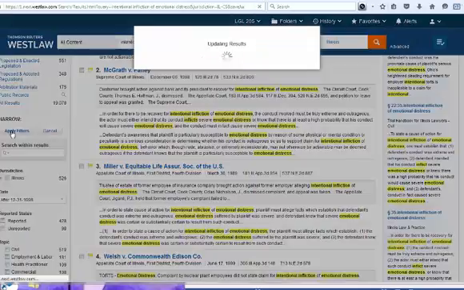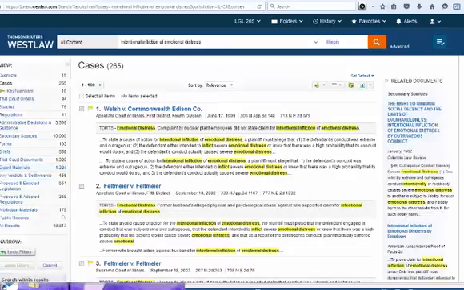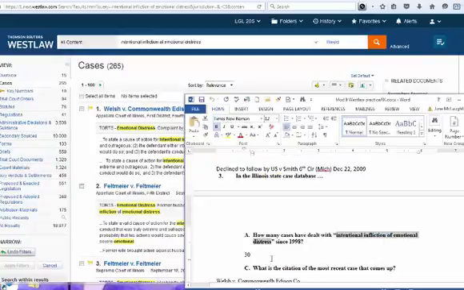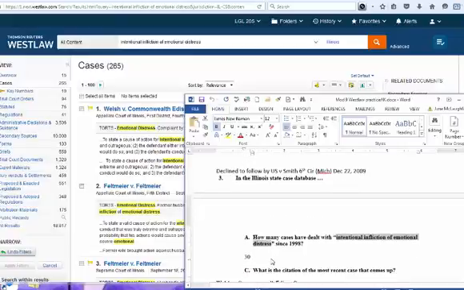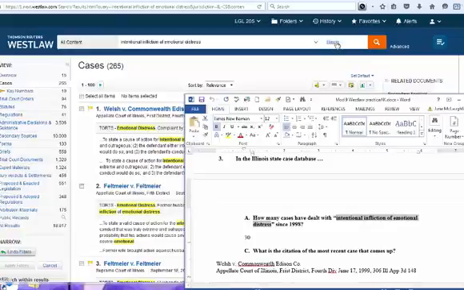Okay, and I'm going to apply filters. All right, so the question was how many cases since 1998 dealt with intentional infliction of emotional distress? Wow. Illinois, am I in Illinois State? I wonder why I had 30. Because this is 265. Let's see what you guys came up with.